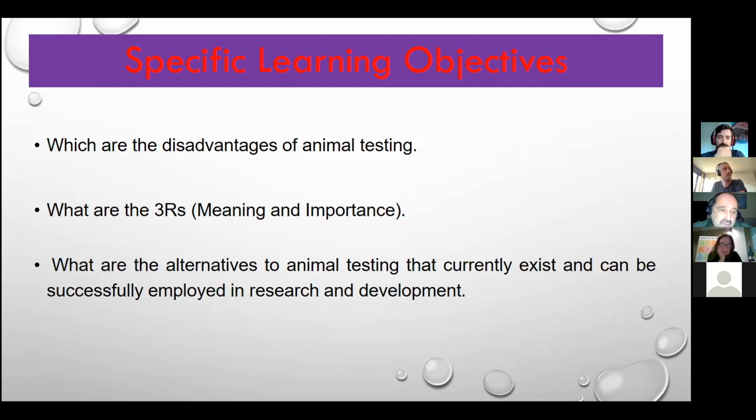From there, you need to introduce the 3 Rs themselves, and the next step would be the discovery step, which is offering the alternatives and asking students to research about them and eventually present their own idea about that particular alternative. So we have these steps that we need to follow in order to make the idea of alternative techniques as successful as possible.